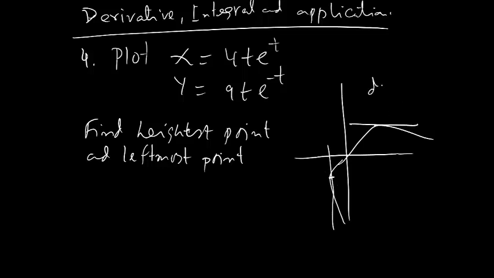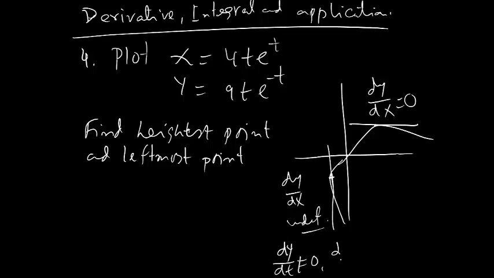At the highest point, you know that dy/dx is 0, and at the leftmost point dy/dx is undefined, because of the vertical tangent. So when dy/dx is undefined, that means dy/dt should not be 0, but dx/dt should be 0. In this case, dy/dt should be 0, dx/dt should not be 0.